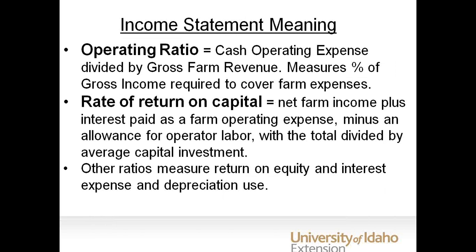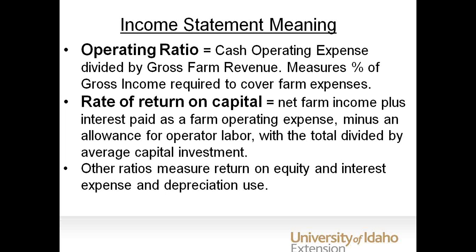There are quite a few ratios that you can use to learn from your net farm income statement. I'm just going to mention a couple. The operating ratio compares the cash operating expense, so total cash operating expense divided by gross farm revenue. What it does is measure the percent of gross farm income it takes to cover farm expenses.